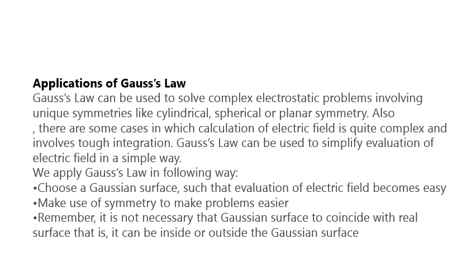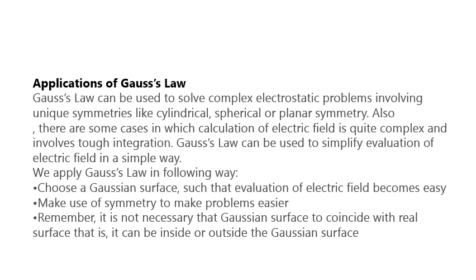First, if we want to calculate electric field using Gauss law, choose a Gaussian surface such that the evaluation of electric field becomes easy. Make use of symmetry to make problems easier. Remember, it is not necessary that the Gaussian surface be a real surface.